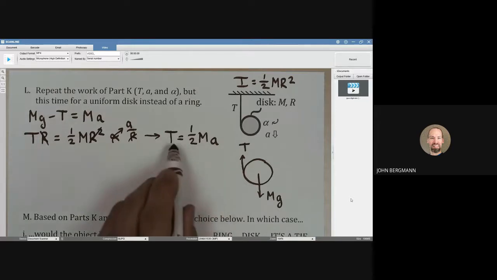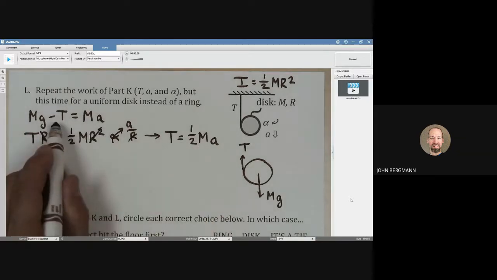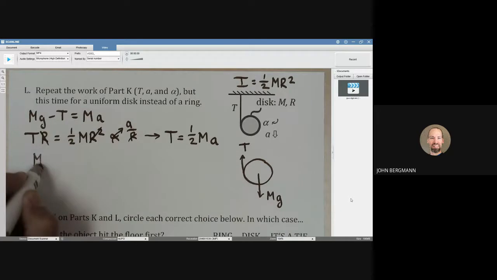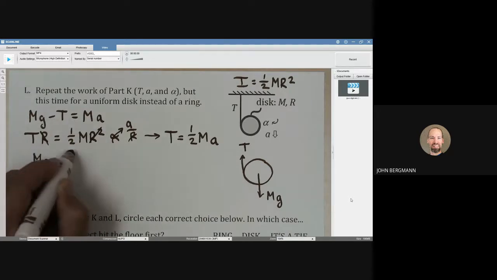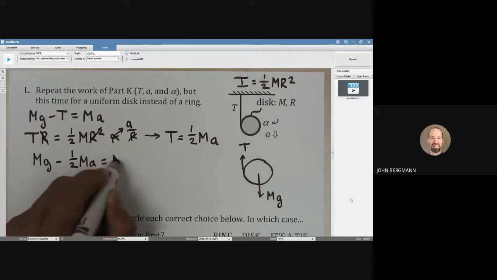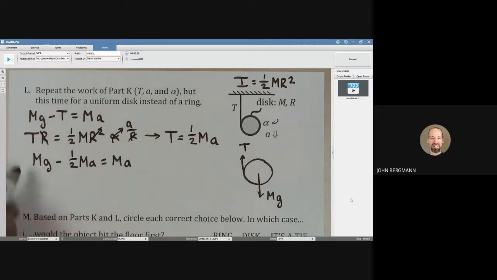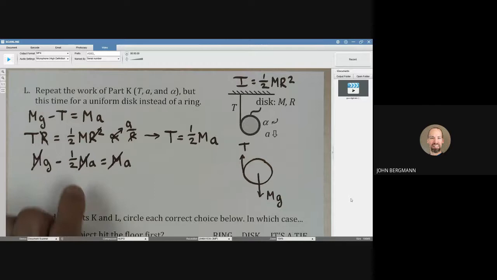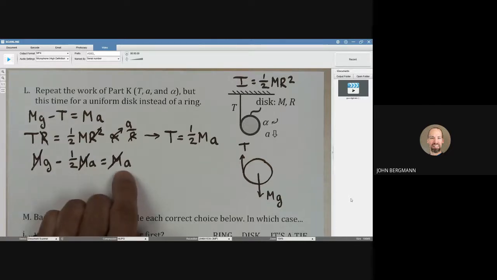Let's put that in here. If the tension is 1/2 ma, let's put that into the first equation. mg minus 1/2 ma equals ma. The m's cancel. With that 1/2 on this side, that'll give you 3/2.